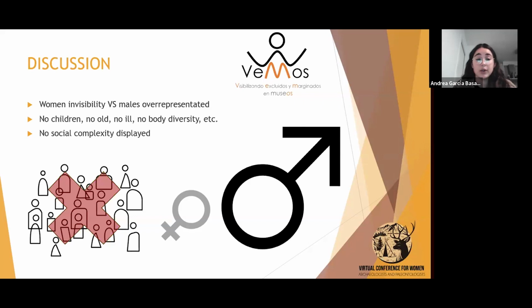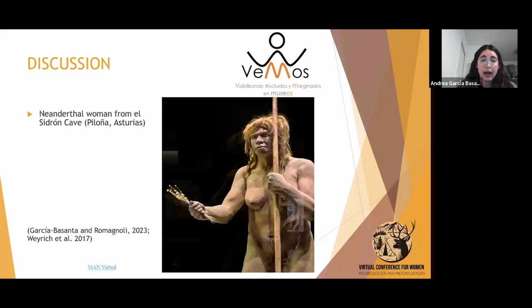It is true that archaeological artifacts per se do not provide data on human behavior or gender roles, but this information many times can be obtained from the context in which the artifacts have been found, as well as through laboratory analysis, etc. I have here this example from the diorama of the Neanderthal woman that we already mentioned. This woman appears naked and holding a wooden spear and a string of flowers, with no more information associated, just the name of the cave.